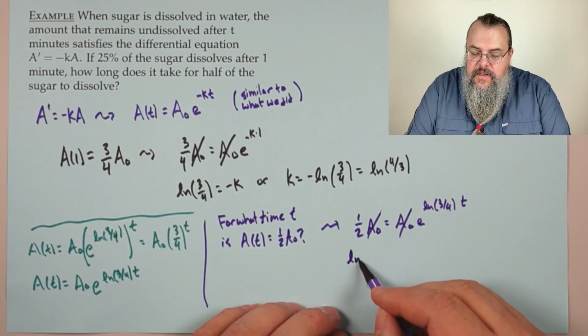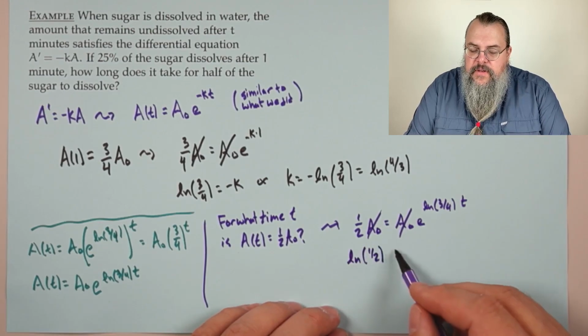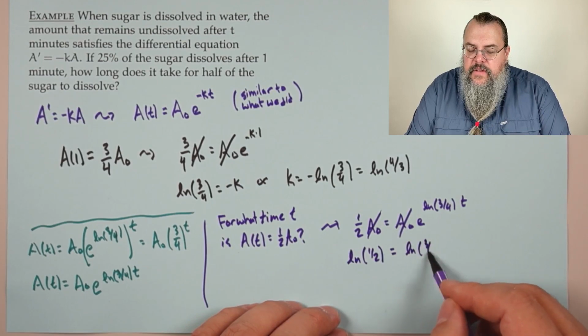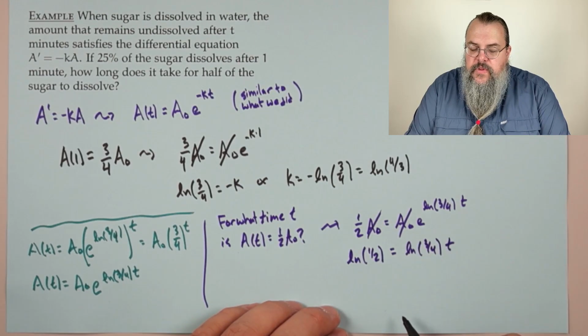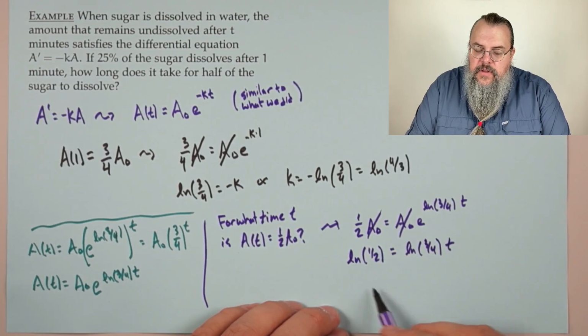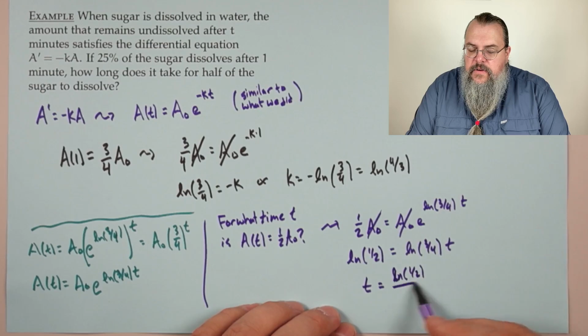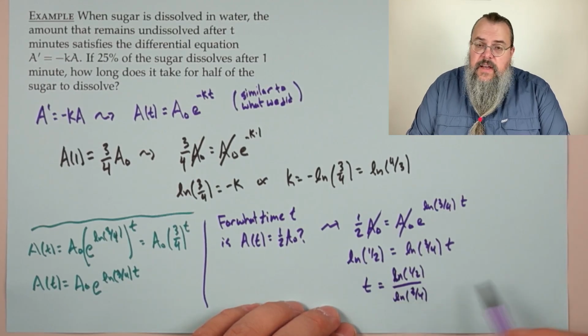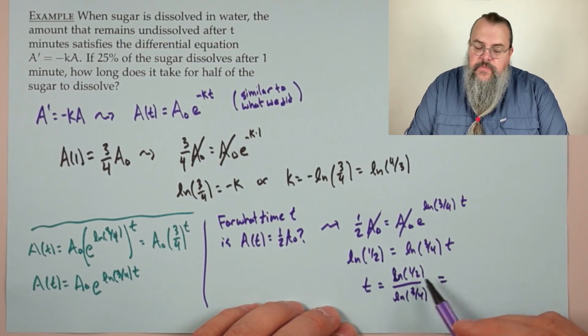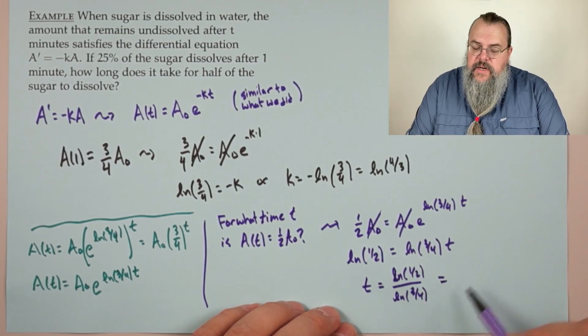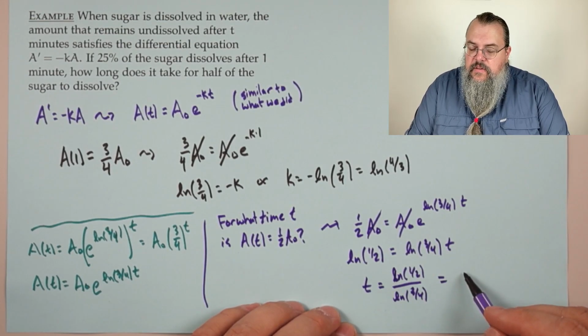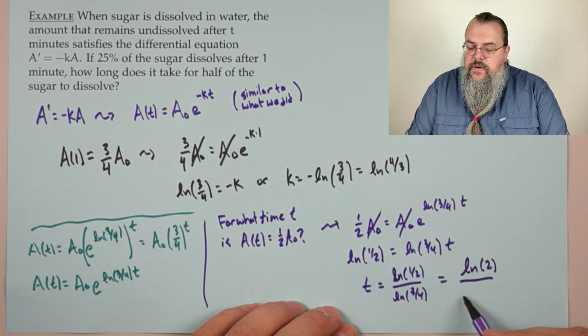So we get log of 1/2 is equal to log of 3/4 times t. And then we divide and end up with t equals log of 1/2 over log of 3/4. You can pull minuses out, so this is really minus log 2 over minus log 4/3. This is the same as log of 2 over log of 4/3.